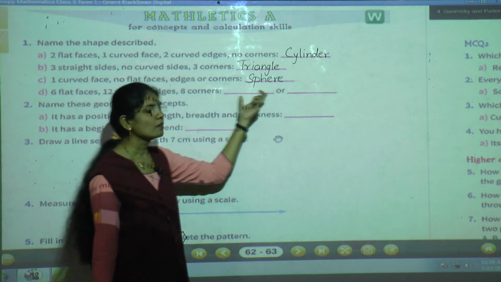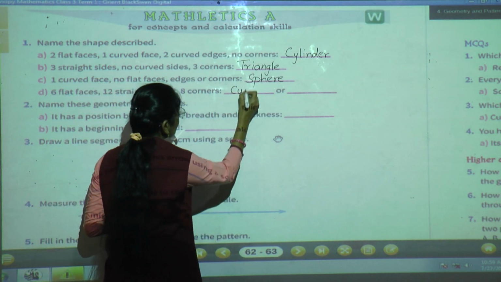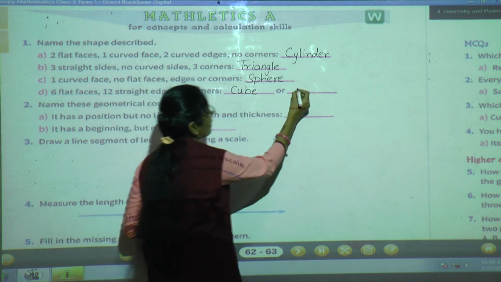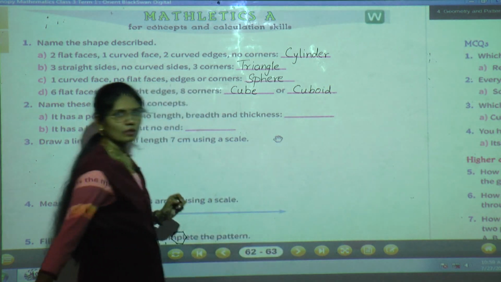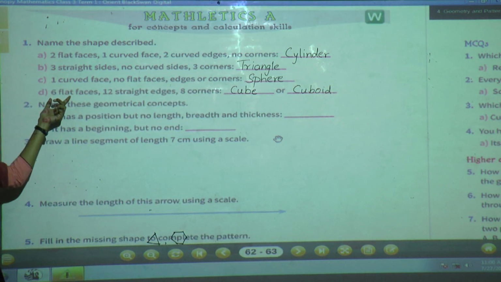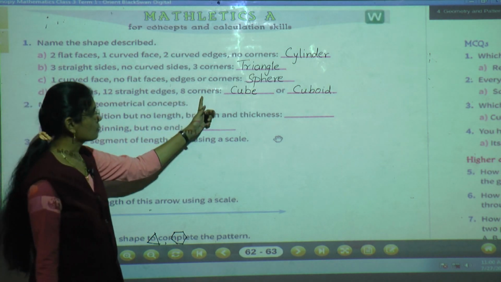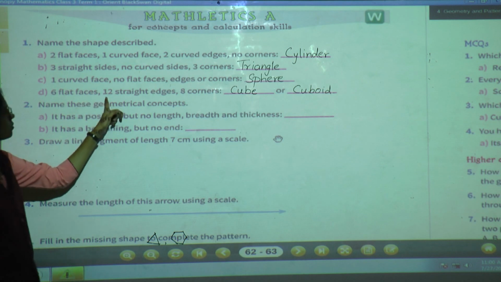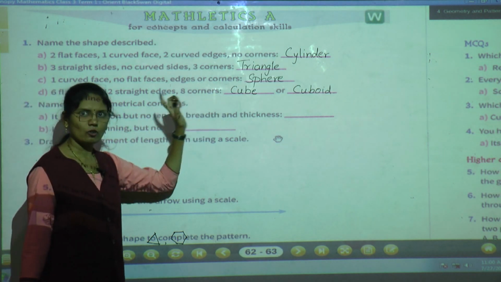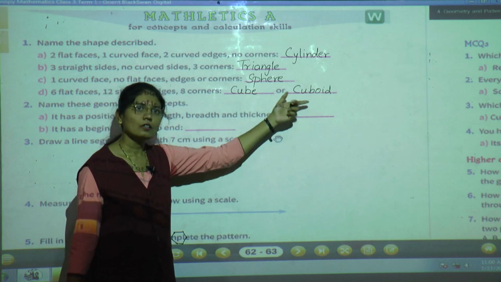So here we will write both the shapes: cube, or it may be cuboid, because the cube has 6 flat faces, 12 straight edges and 8 corners, and the cuboid also has 6 flat faces, 12 straight edges and 8 corners. So both the shapes we should write here, cube or cuboid.